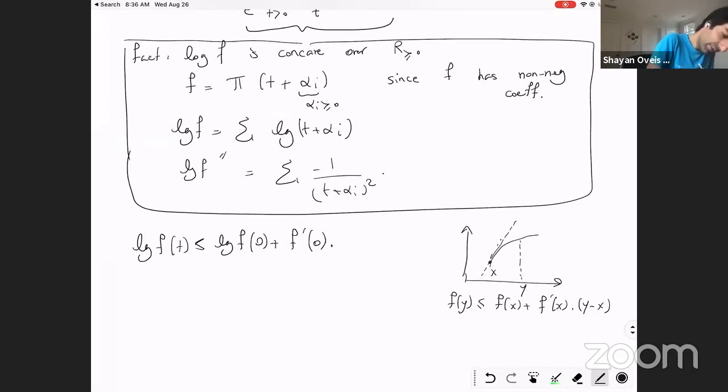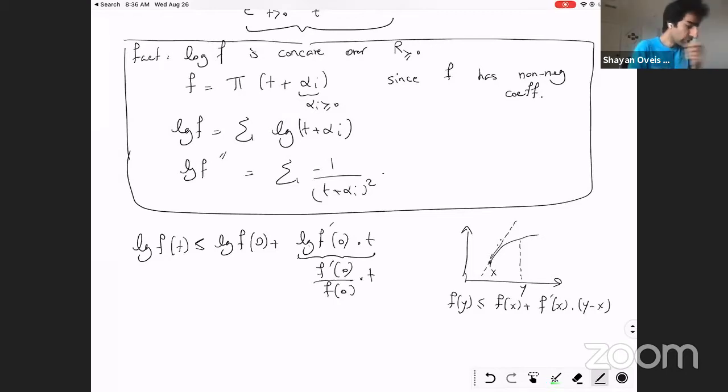Sorry, not f prime, log of f prime. In other words, this is nothing but f'(0) over f(0) times t. Okay, so I get this inequality out of everything I said.